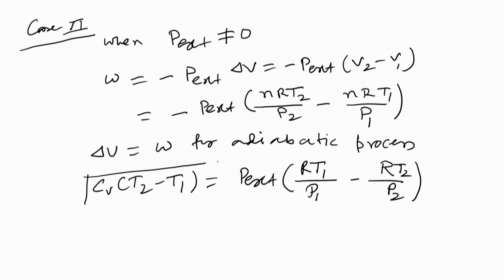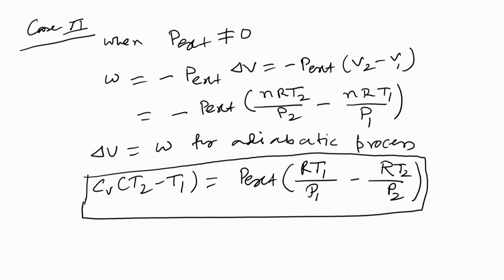The first one is reversible process, and for reversible process we get PV to the gamma is constant, and for irreversible process we get two cases. The simplest case is when the external pressure is 0, in that case there is no internal energy change and there is no work done also, and when external pressure is not 0, in that case we get this expression Cv (T2 minus T1) equals P external times (RT1 by P1 minus RT2 by P2).